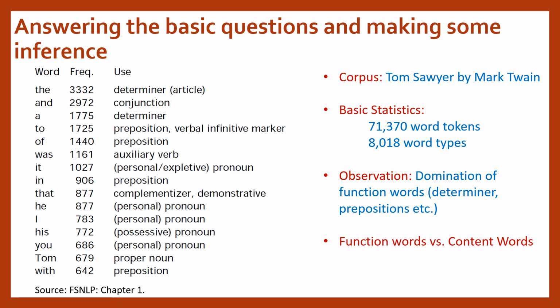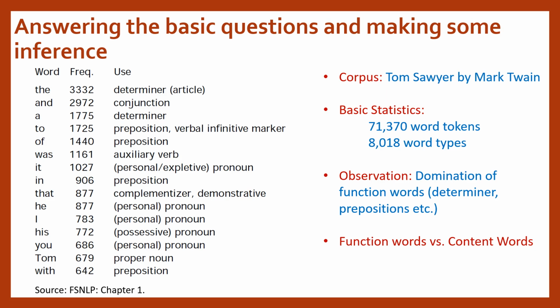And what we see is that perhaps only one or two content words are there, and the rest are all function words. Function words belong to the closed class, as they are almost fixed. No new function words are being added or removed, so they remain fixed. So they are called a closed class.